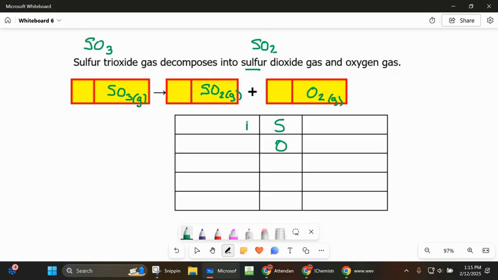How many on the product side, Jasmine? 1. Okay. How many oxygens on the reactant side here, Yasmin? 3. How many oxygens on the product side here, Yasmin? How many? 4. 2 oxygens here. 2 oxygens here. Total of 4.